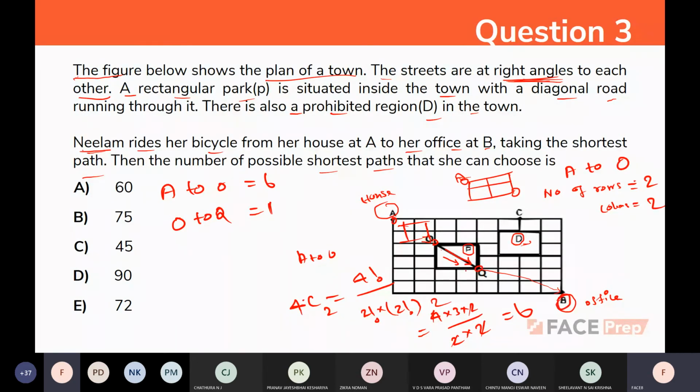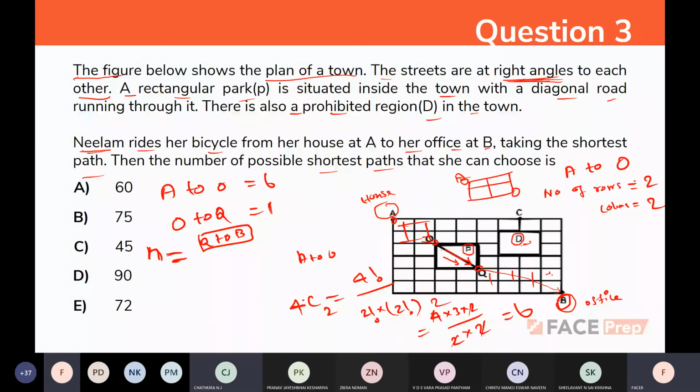So Q to B. How many rows are here? Let me ask, what is N? N is the addition of rows and columns. What is N for this case, Q to B? Anyone? Sir, is n the sum of rows and columns, or the multiplication? I said addition, which is the sum of rows and columns. 6.